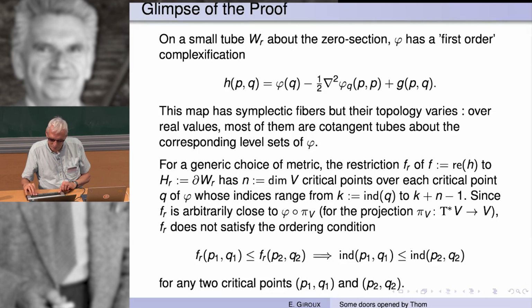The observation is that on each fiber over a critical point, you now have 2n critical points.